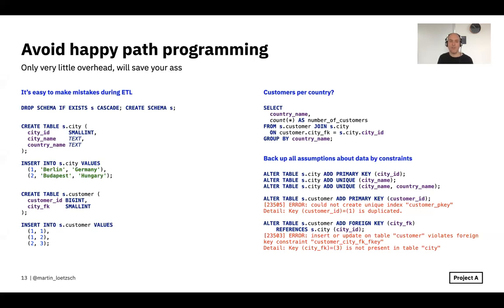And you don't want to use that table in subsequent transformation steps. You mean the query above, the one with the customers per country? Yeah, that one. Anyway, if you have a customer table like the one at the bottom left, you should stop the transformation and not continue. That's the whole point.